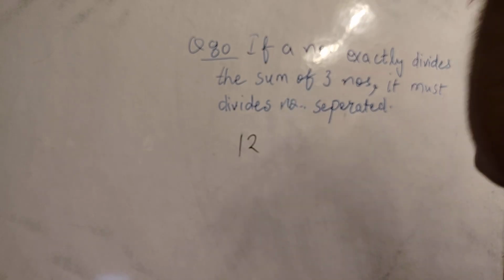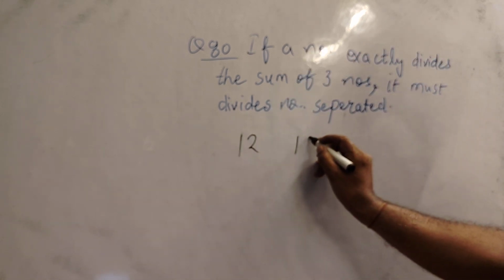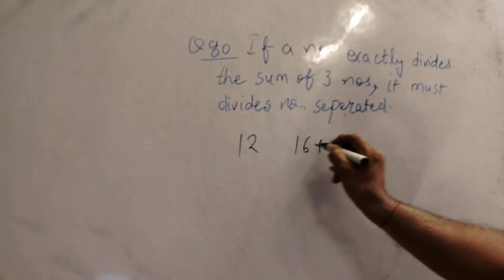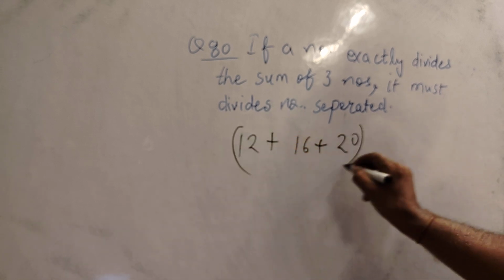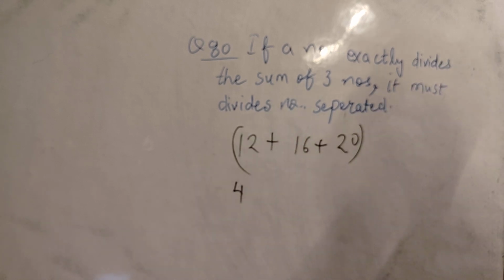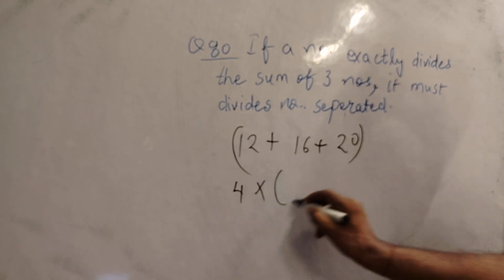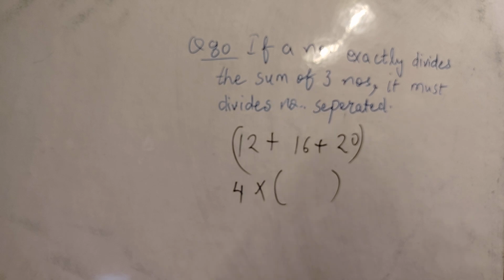So in this question we take three numbers: 12, 16 and 20. Their sum is divisible by 4, and we take the 4 common because the sum is a multiple of 4.